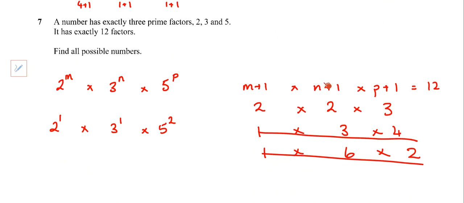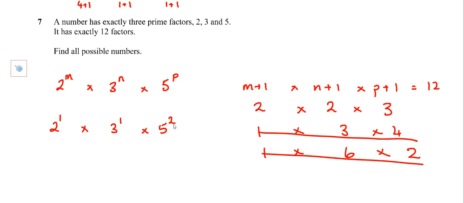We're doing it in reverse. So we know how many factors, so we've got to figure out what the powers are. Does that make sense? Okay. How do you get the 2? How do I get the what? Because 2 minus 1 is 1, 2 minus 1 is 1, 3 minus 1 is 2.